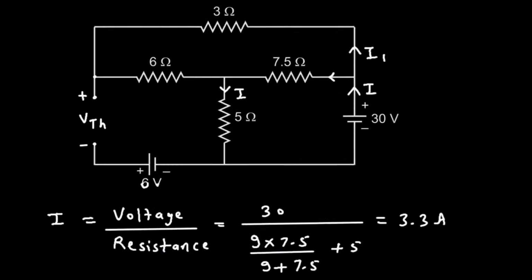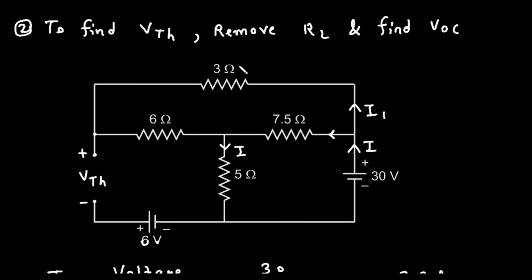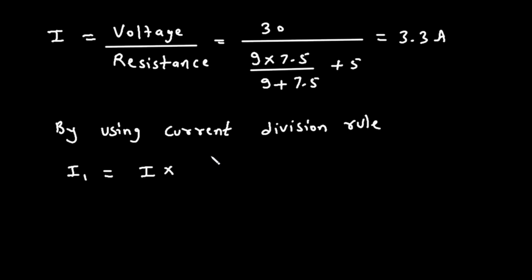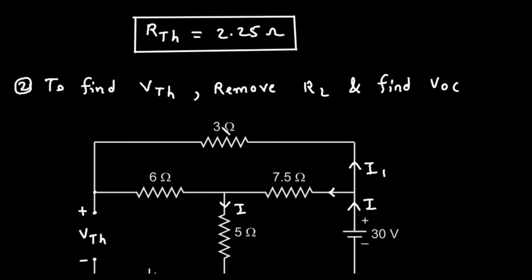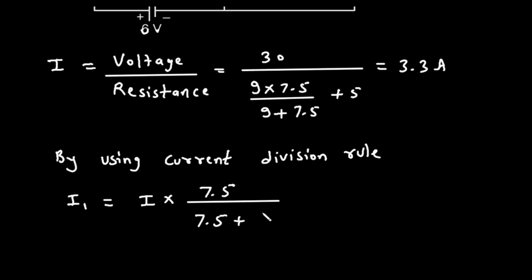multiplied with opposite branch or parallel branch resistance, and that is 7.5 ohm because this 7.5 ohm is connected in parallel with this 6 ohm. So here we can write 7.5 divided by same 7.5, then plus, we have to add these two, 6 plus 3.